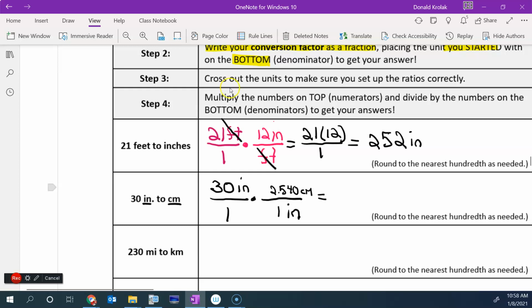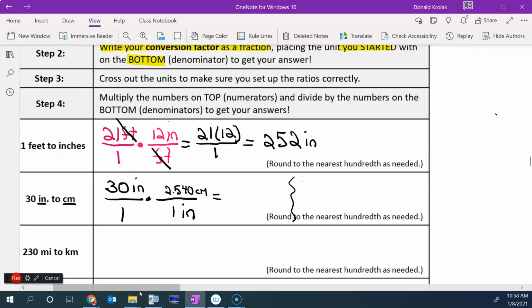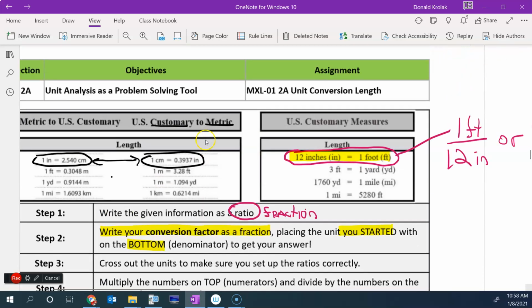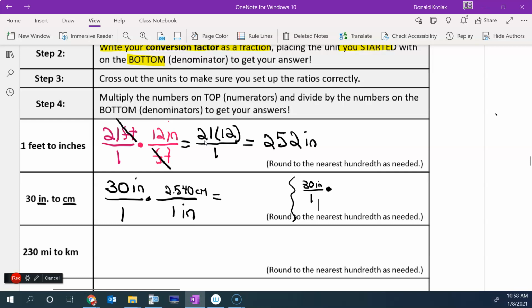Okay. You would get, I'll just put it over here. You would get the exact same answer as if you did this. 30 inches is to 1 as if I use the other ratio. 1 centimeter, 0.3937 inches. 0.3937, 1 centimeter.